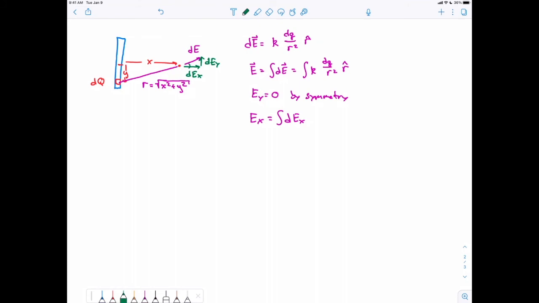Normally, I'd say there's some angle, and the x component is related to the magnitude by the cosine of that angle theta. That angle theta is the same as that angle theta. And the cosine of that angle must be x over r, because I have a right triangle with a side x and a hypotenuse r.